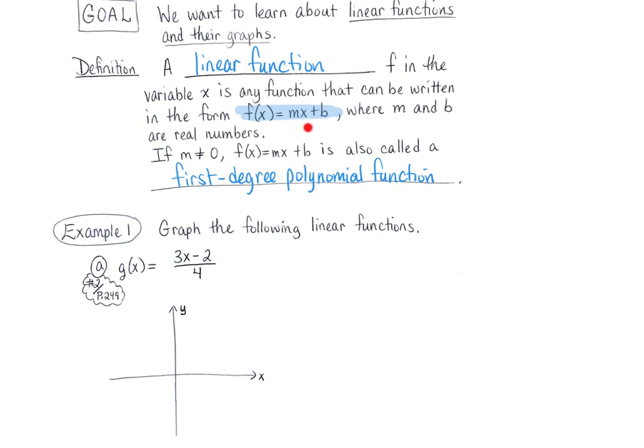Slope-intercept form. This is a linear function when you have y equals mx plus b, the same thing as slope-intercept form.